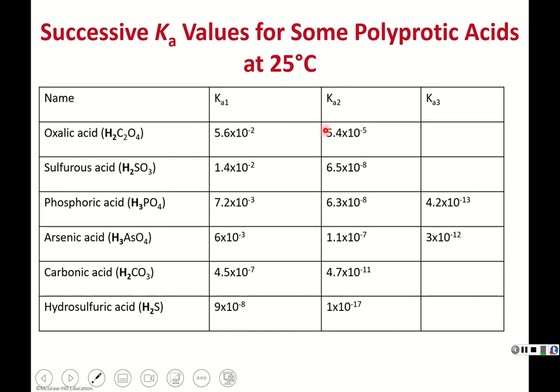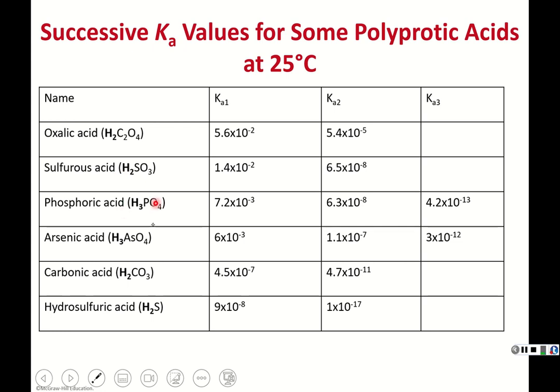Here's just a table of some successive Ka values for some polyprotic acids. So oxalic acid, sulfurous acid, so it's like sulfuric acid, but it's SO3 instead of SO4, and that makes it a weak acid.